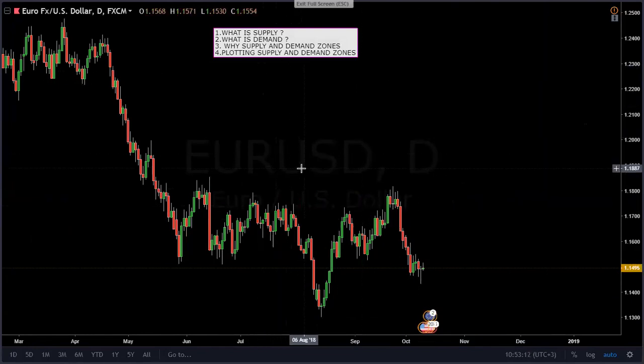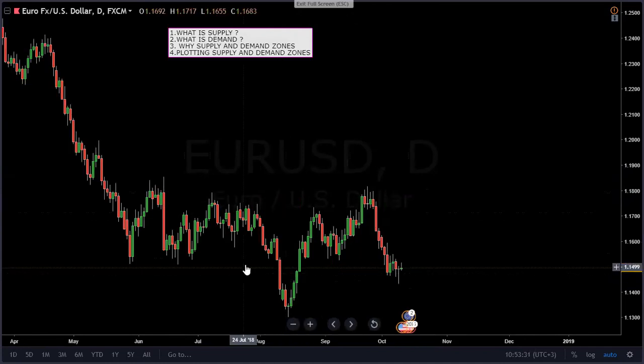Speaking about supply and demand, we will be looking for supply and demand to occur at certain price levels. We won't be talking about commodities, we're talking about supply and demand in forex. If price comes to certain levels, there will be supply, and if price comes to certain levels, demand will be created.